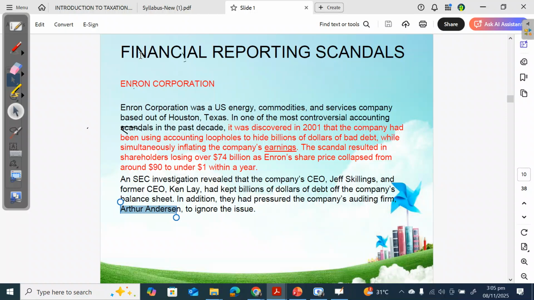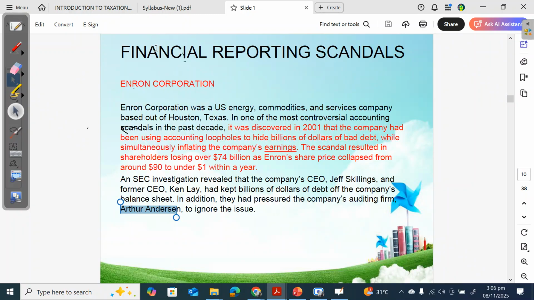It's from that point that international organizations and other international bodies came up with corporate governance structures. Even in Ghana, there's a corporate governance document that companies must follow.